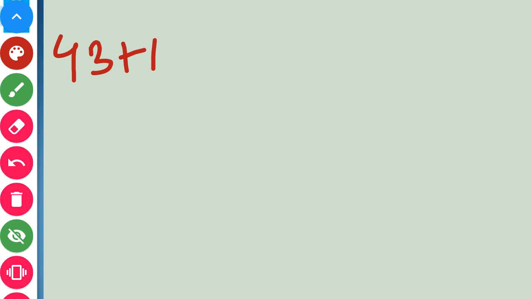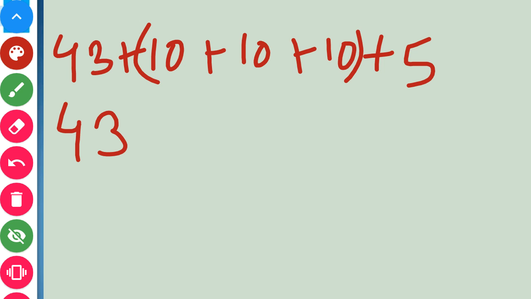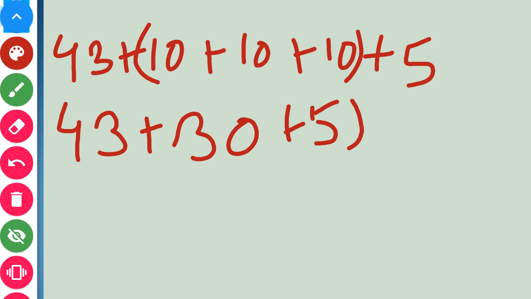43 plus 10 plus 10 plus 10 plus 5. So we will apply the rule of regrouping here. We will first add 3 tens. So 43 plus 10 plus 10 plus 10 will give us 30. 30 plus 5.